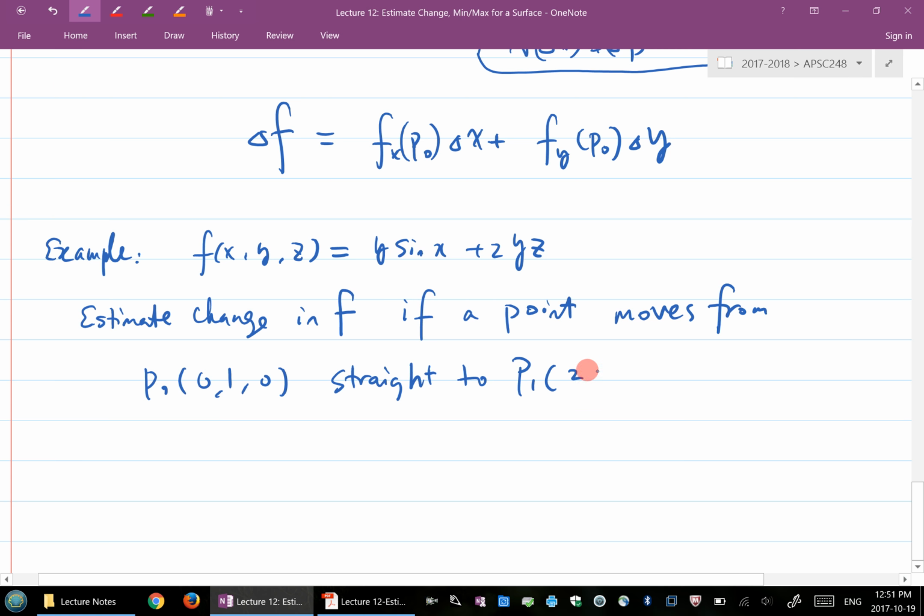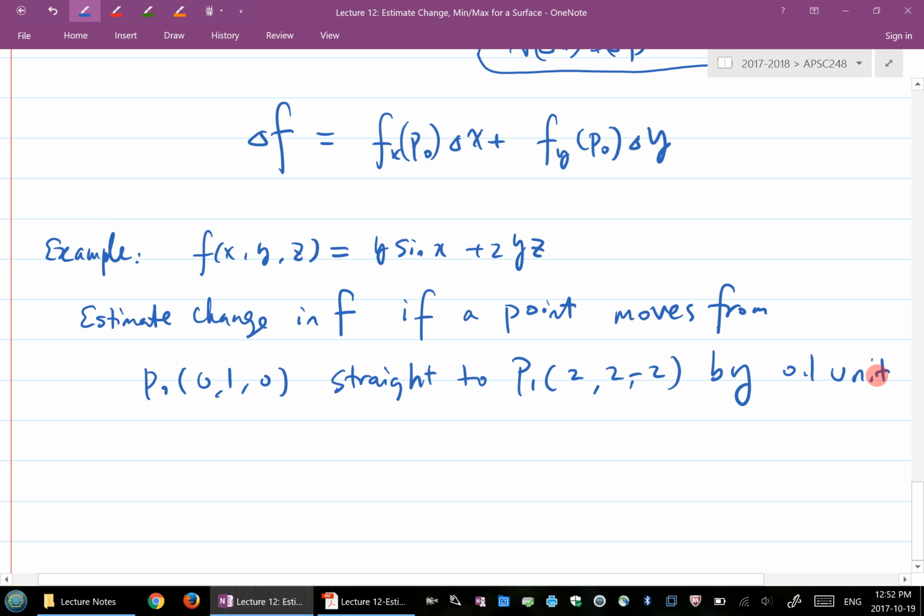straight toward another point 2, 2, negative 2 by 0.1 unit. Okay, so that's the question. Unfortunately I can't illustrate this because it's a function of 3 variables, so we can't graph it, but in your mind you can picture a point at P0 and a point at P1.